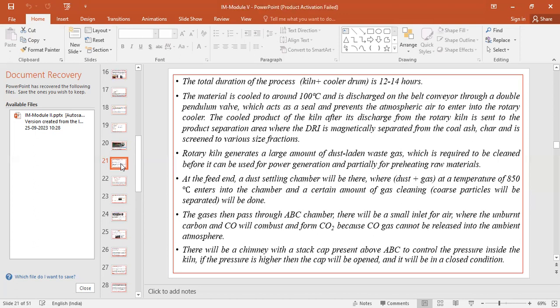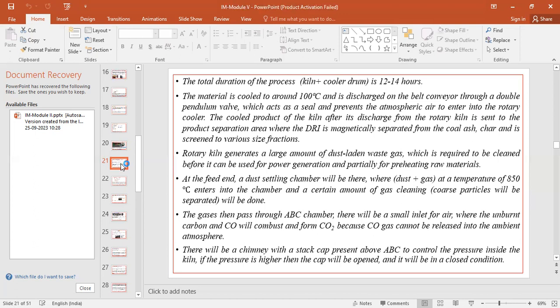If you want to reutilize this heat at different parts in the plant, then first and foremost we need to separate this gas from the dust. That is done in the dust settling chamber, where the dust plus gas both enter this chamber at a temperature of approximately 850 degrees centigrade.